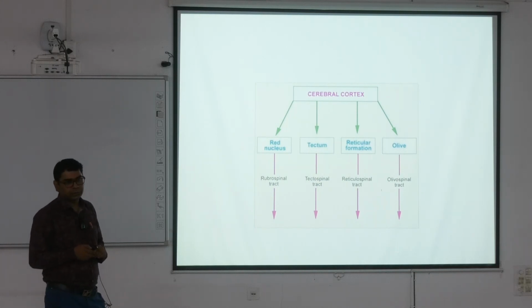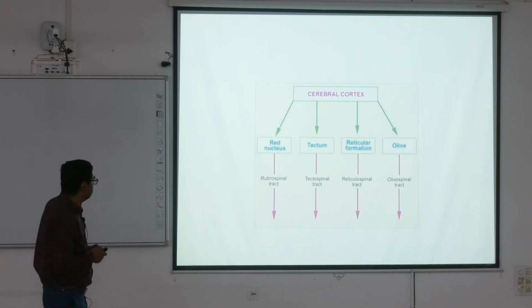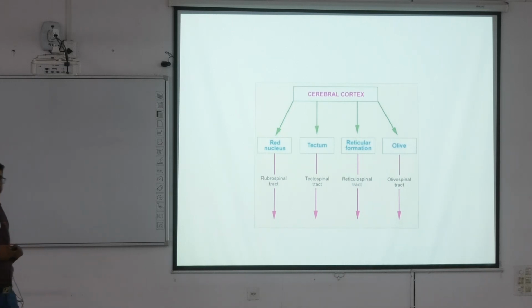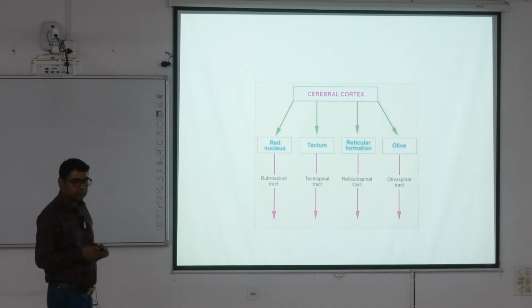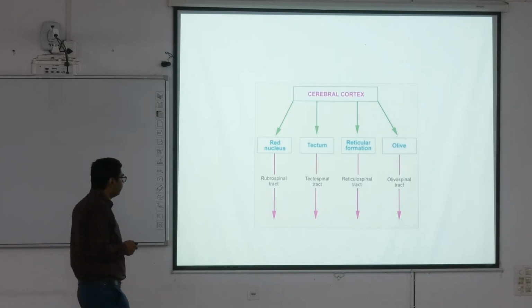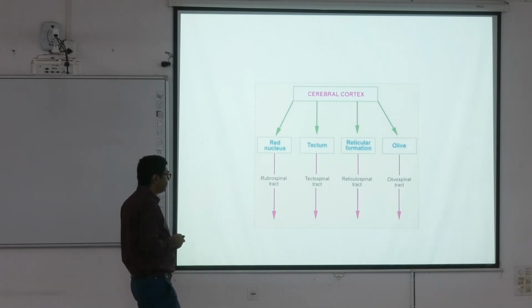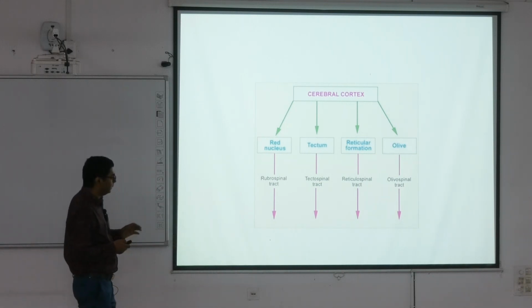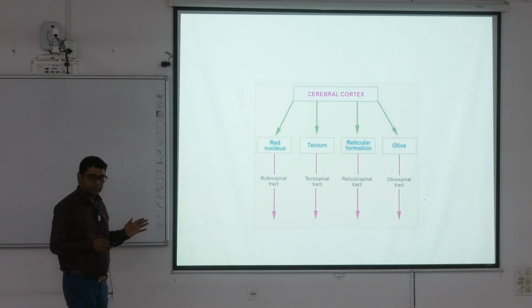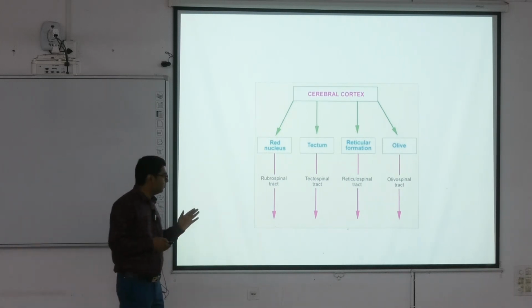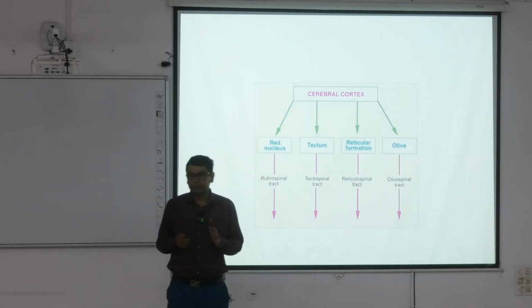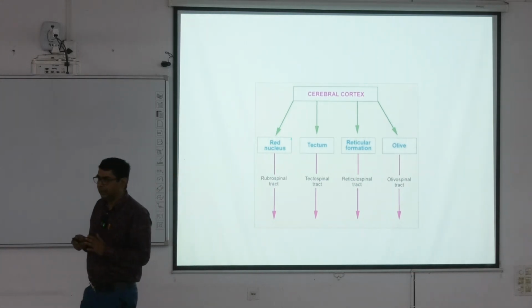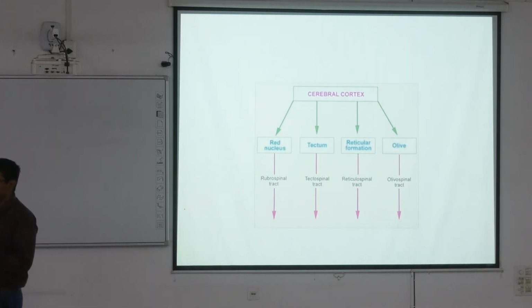If it originates from the tectum, T for T, that is called the tectospinal tract. If it originates from the reticular formation, it is called the reticulospinal tract. And if it originates from the olive, that is called the olivospinal tract. So depending on their origin, they are given different names.